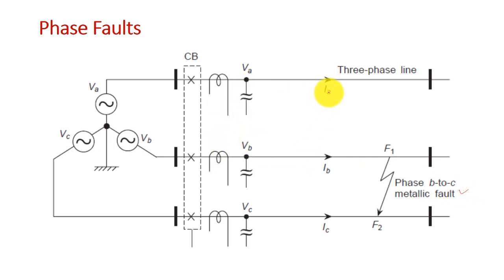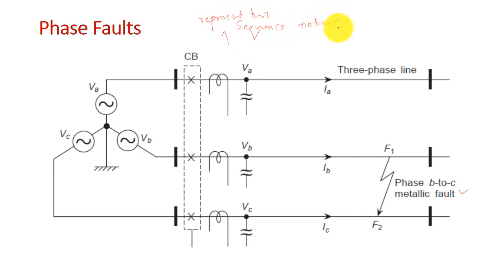In each phase, IA, IB, IC and VA, VB, VC are the measured parameters. Now, let us represent this fault in the sequence network.